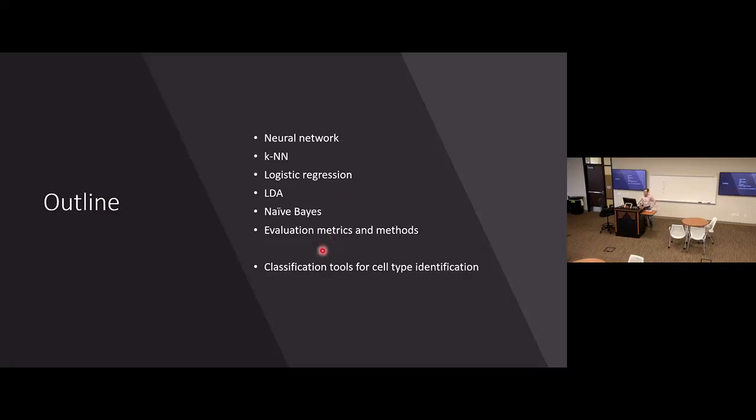So there's a method where you can see, okay, this is a good one, this is a bad one, or this is so-so. At the end, I will mention the cell type classification or identification method we built in the toolbox.